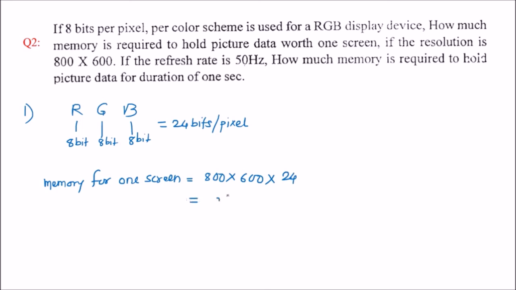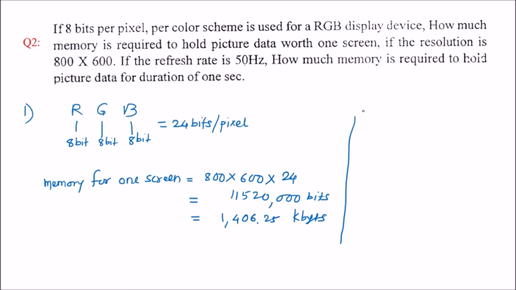So this is equal to 11,520,000 bits, which is equal to 1406.25 kilobytes. We know how to convert bits into bytes and bytes into kilobytes. So this is the memory for one screen: resolution multiplied by number of bits.